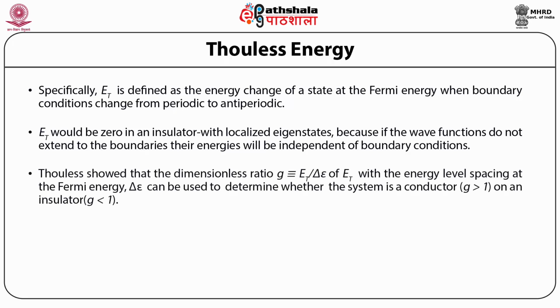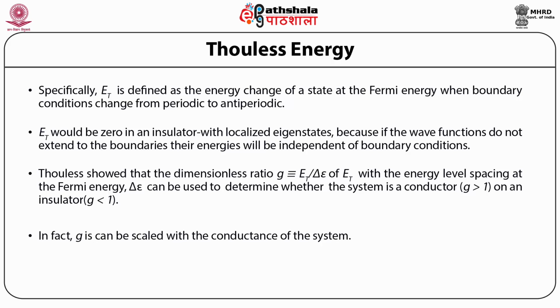Thouless showed that the dimensionless ratio, that is small g, is equal to E_T by delta E, where E_T is the Thouless energy and delta E is the energy level spacing at the Fermi energy. It can be used to determine whether the system is a conductor, that is when g is greater than 1, or an insulator when g is less than 1.